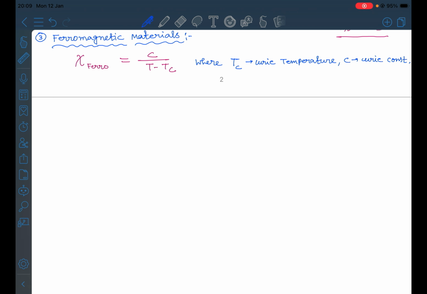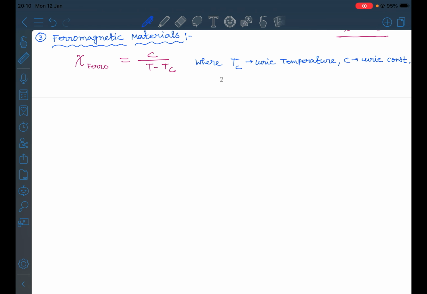Below the Curie temperature, the material behaves as ferromagnetic, and above the Curie temperature, the material behaves like paramagnetic.